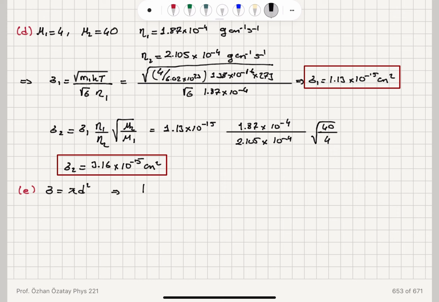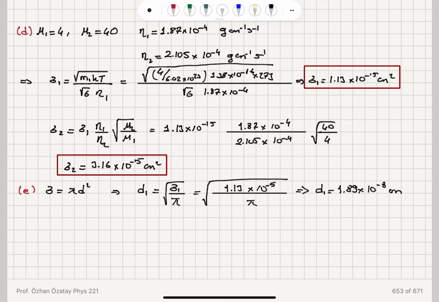So diameter 1 is the square root of sigma 1 divided by pi, which is the square root of 1.13 times 10 to minus 15 divided by pi. And this gives us, for the first diameter, 1.89 times 10 to minus 8 centimeters.